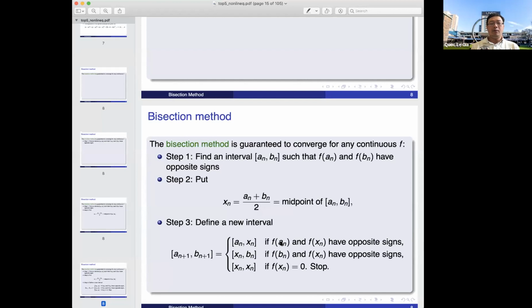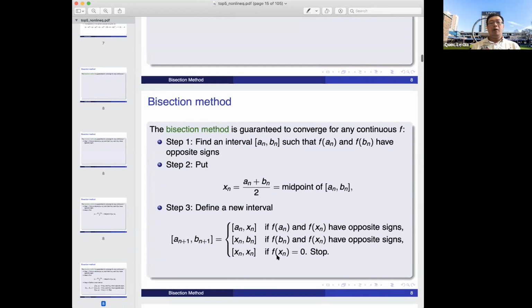If the left interval, the two ends, have opposite signs, then you define that to be the new interval a_{n+1}, b_{n+1}. Or if x_n and b_n have opposite signs, you choose this one to be your new interval a_{n+1}, b_{n+1}.